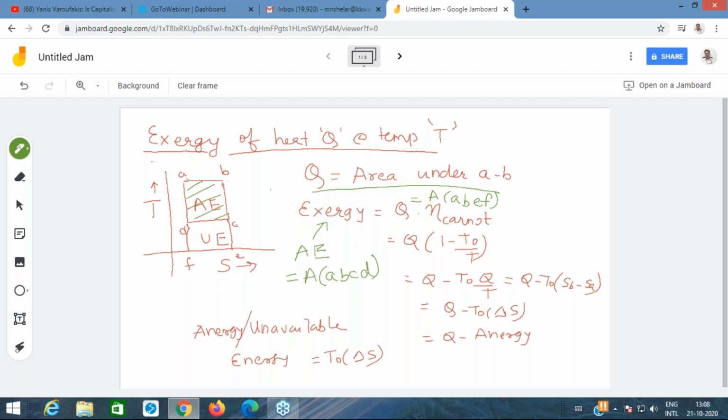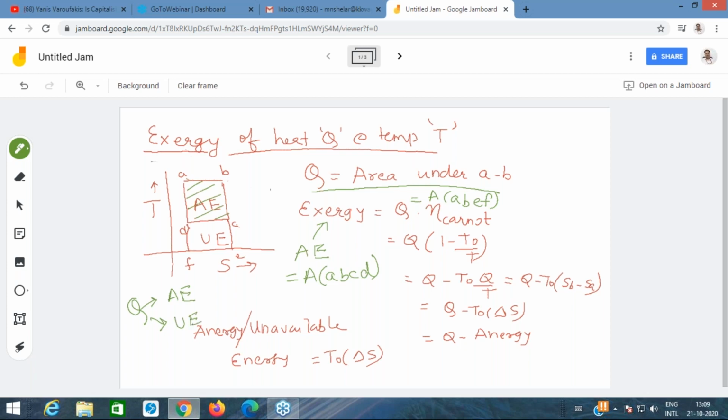Now, obviously, if Q is the heat supplied, and of this Q, available energy is AE, then Q minus AE is the unavailable part. So the heat under consideration can be thought of like this. Of this heat, some of the heat is available energy, and the remaining part is unavailable energy.